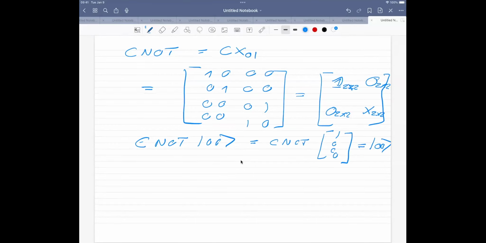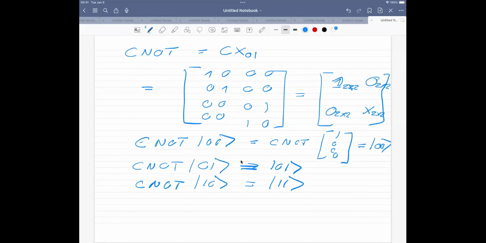Nothing happens. If I act with the 0, 1 here, that gives me simply 0, 1. However, if I act on 1, 0, I get 1, 1.